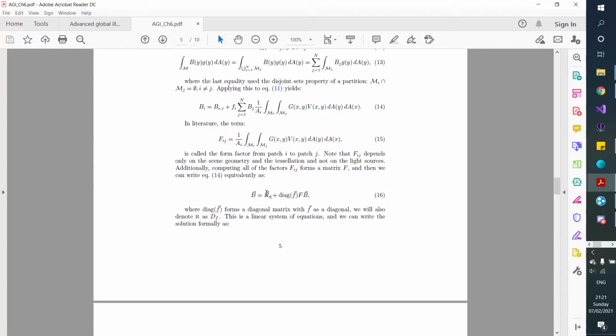So you can write the equations as a vector b, our unknown, equals the emitted radiosity, this is known, plus a diagonal matrix based on the BRDF, you can see it here, multiplied by the form factor matrix, multiplied by our unknown.